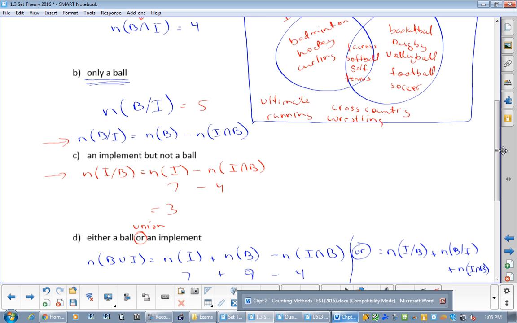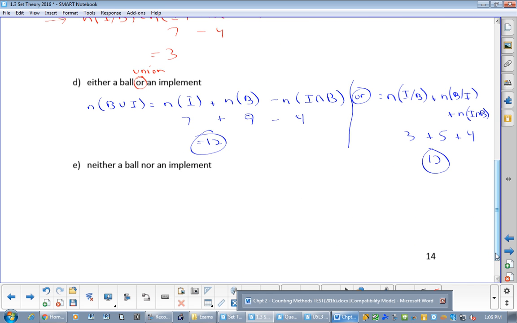That's the outside region, the ones that are neither a ball nor an implement. How would I write this out? N of not I union not B. Is that what you want? Yeah, that's right, isn't it?